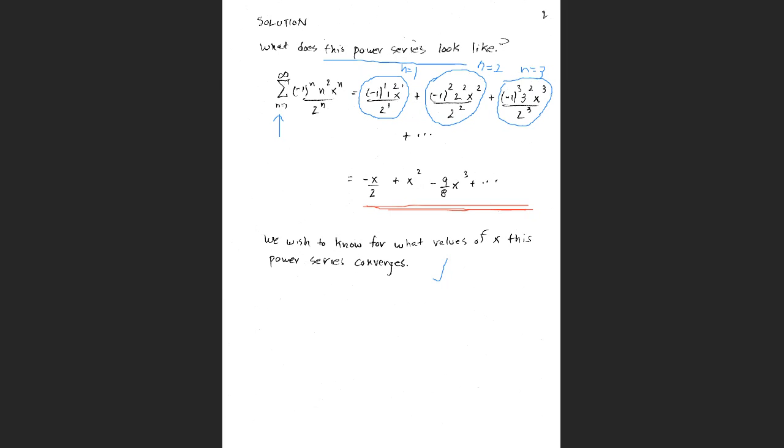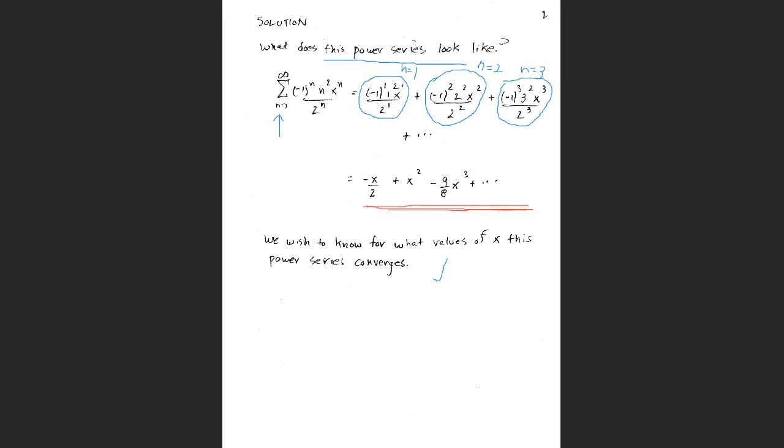Okay, so what test are we going to use for this particular power series to help us determine the interval of convergence? What test again are we going to use? That's right, Nicole. We're going to use the ratio test. Absolutely.